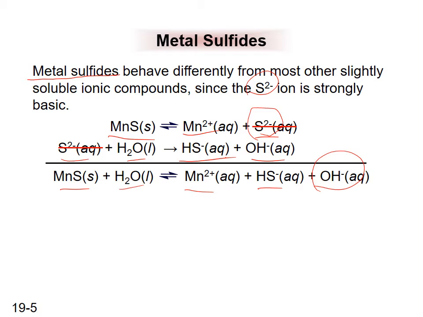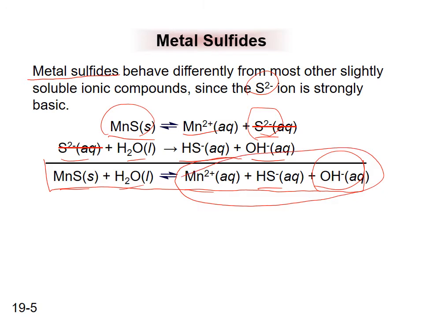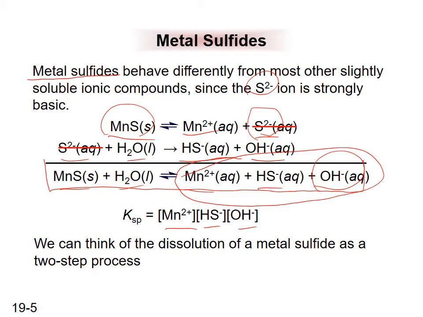This is the net reaction when manganese sulfide is slightly dissolved in water, and the Ksp involves only these 3 products: manganese ion, hydrogen sulfide, and hydroxide. So whenever we deal with a metal sulfide, we can think of the dissolution of the metal sulfide as a 2-step process.